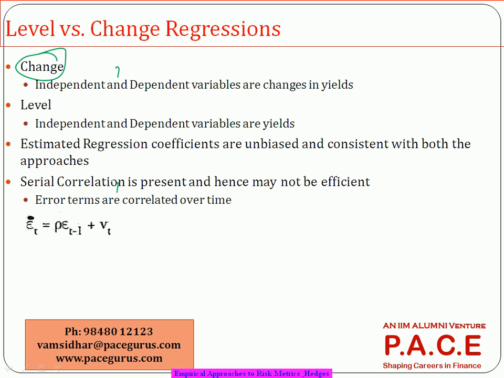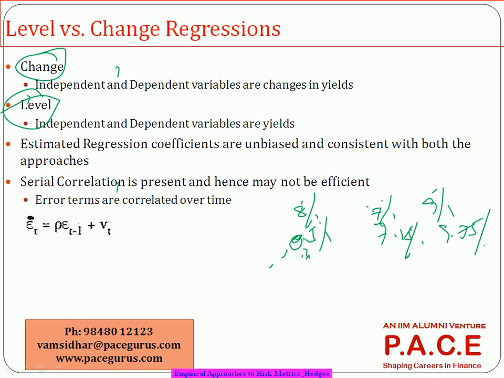On the other side, if I am using a level-based regression, we are not talking of the change, we are taking the interest rates in reality. For example, the 20-year rate is 8%, the 10-year rate is 7%, the 30-year rate is 9%. The next month, this has become 8.5%, this has become 7.25%, and this has become 9.75%.